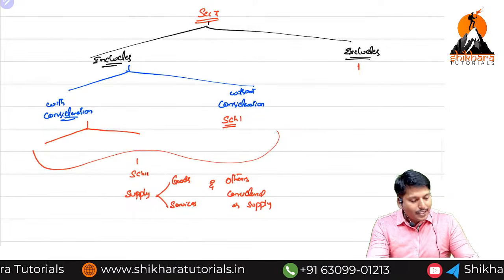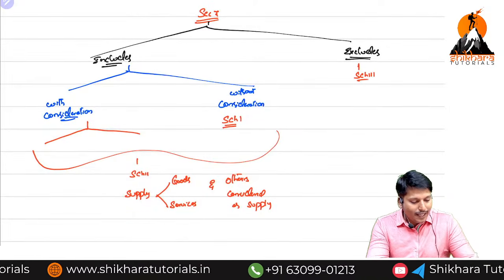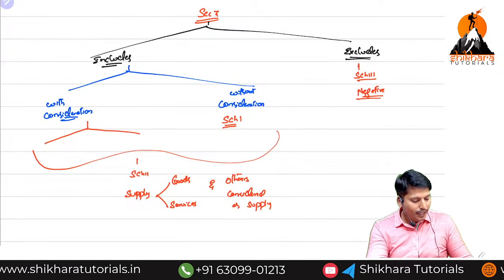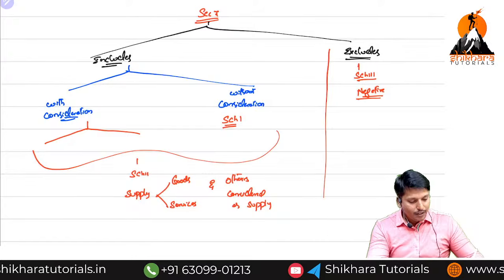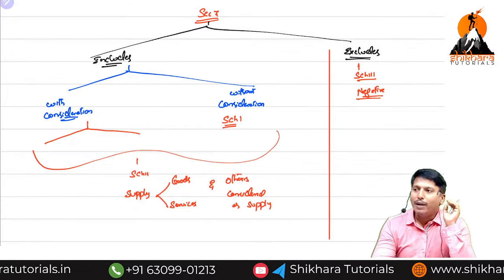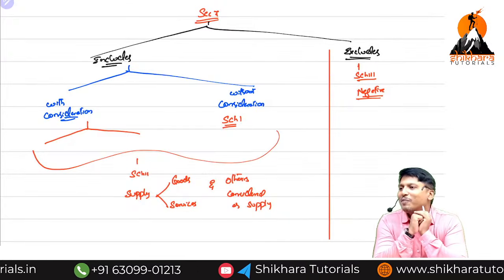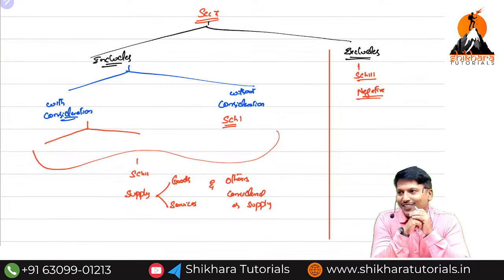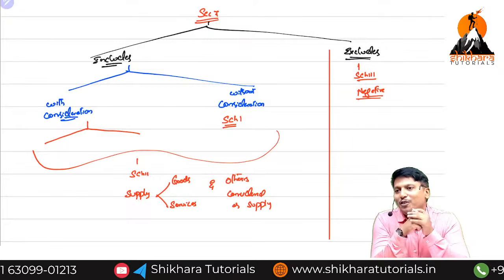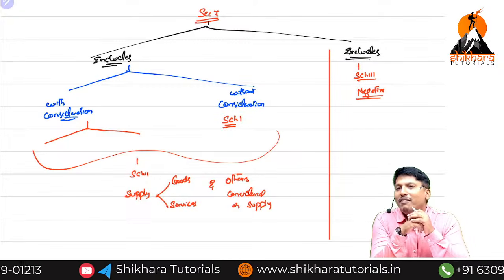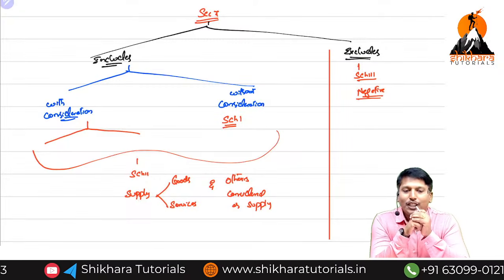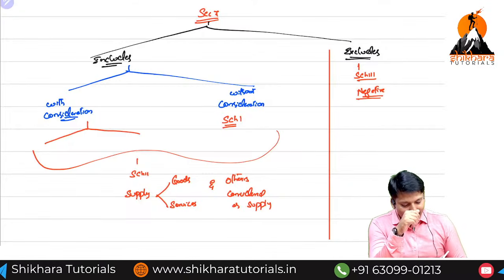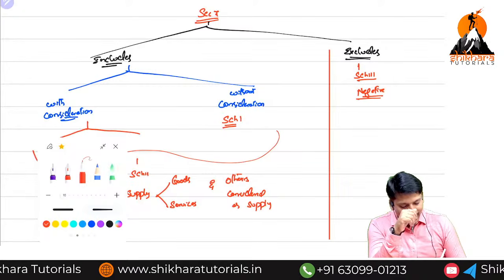Now excludes: schedule 3, negative list. Which means there are mainly 5 points in the supply. With consideration mainly 2 points: 7(1)(a), 7(1)(aa), 7(1)(b), import of service with consideration. Yes, 3 schedules: schedule 1, supply without consideration; schedule 2, segregation of supply into goods and services; schedule 3, negative list.